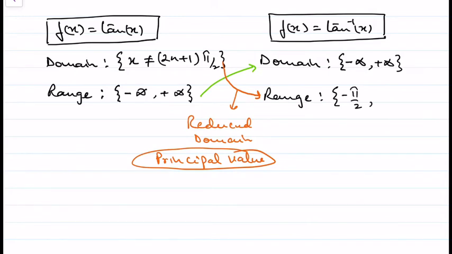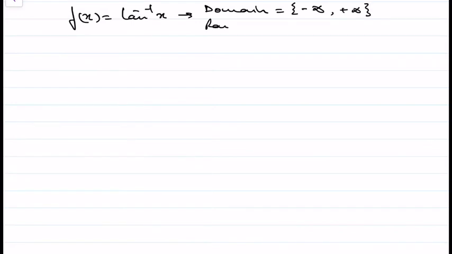So the range will be from minus pi by 2 to plus pi by 2. Now let's plot the function f(x) = tan inverse x, whose domain is from minus infinity to plus infinity and range is from minus pi by 2 to plus pi by 2.